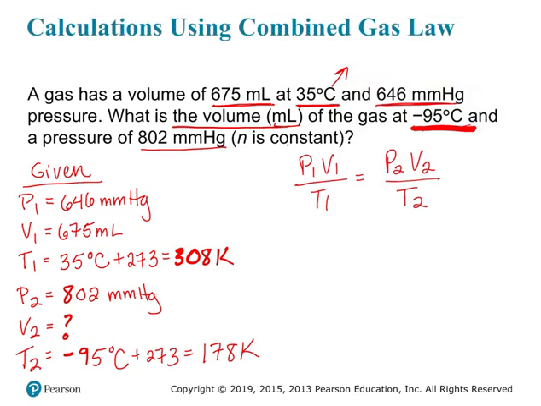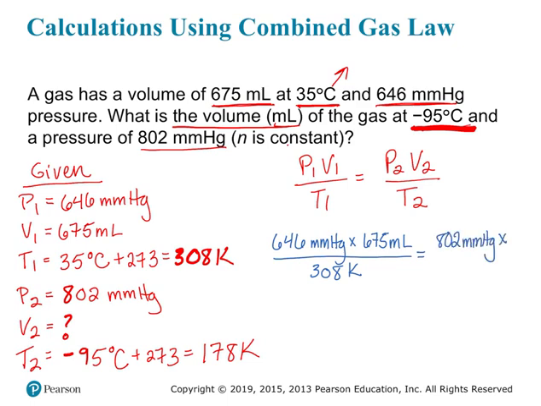Let's see, so we have 646 times 675 all over 308 Kelvin. And then that's equal to 802 millimeters mercury times our unknown variable, V2, divided by 178 Kelvin.